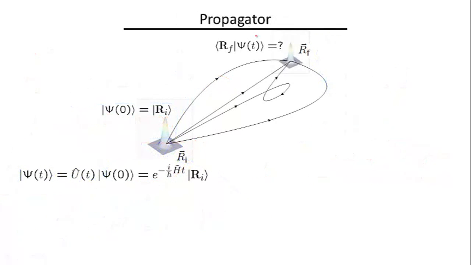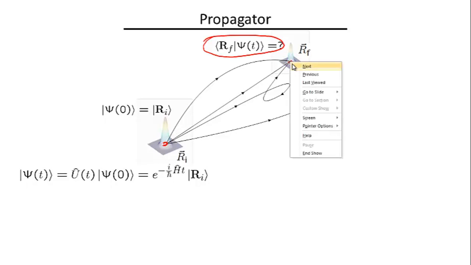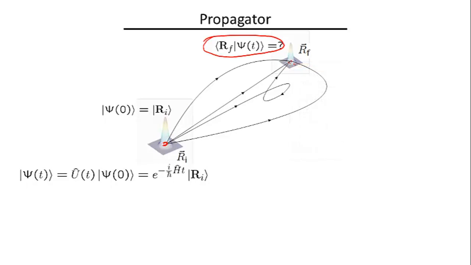Now let us go back to the main question that we posed in the beginning of this segment, namely the question about the overlap between the wave function psi of t propagated from the vicinity of the point r sub i and the wave packet localized in the vicinity of the point r sub f.